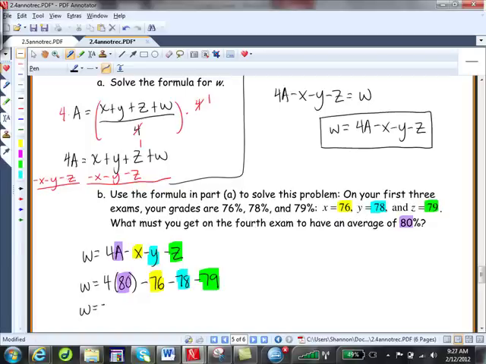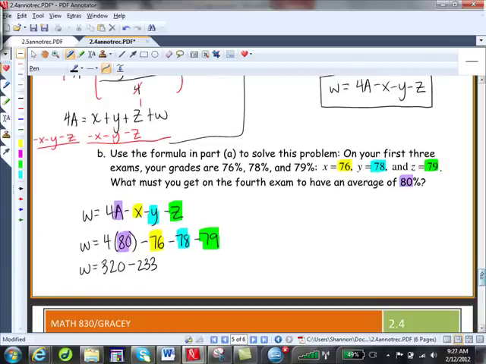Let's see, this is what I got. 4 times 80 is 32 with a 0 at the end. Now these are all negatives, so when I added them up and assigned the negative to it, I got 233. So W is 87.